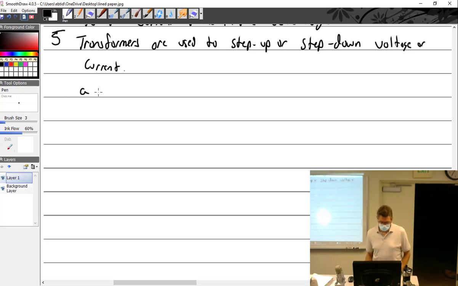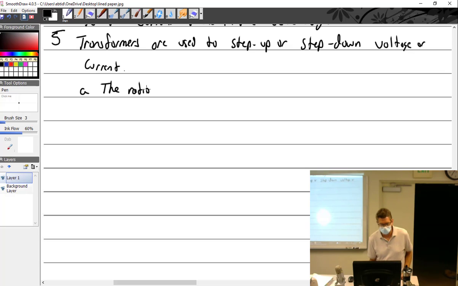All right, the ratio of EMF in the primary to the EMF in the secondary, EMF is what? Electromotive force or electron moving force. The ratio of the EMF in the primary to the EMF in the secondary is equal to the ratio of the number of turns in the primary to the number of turns in the secondary. This will all make perfect sense to you.